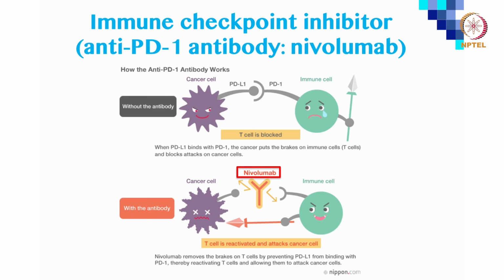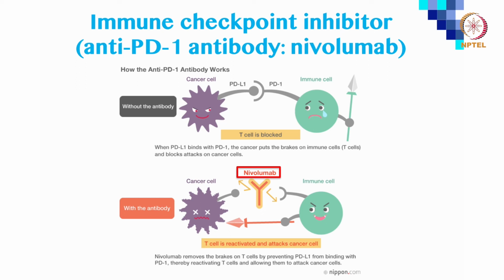I will explain the immune checkpoint inhibitor nivolumab. PD-L1 is a ligand of PD-1. PD-L1 is expressed in cancer cells. When PD-L1 binds with PD-1, the cancer puts the brakes on immune cells and blocks attacks on cancer cells.